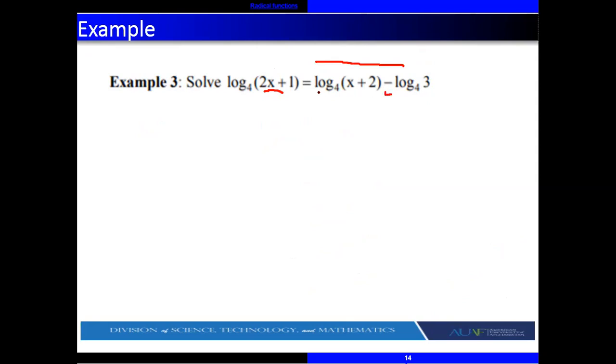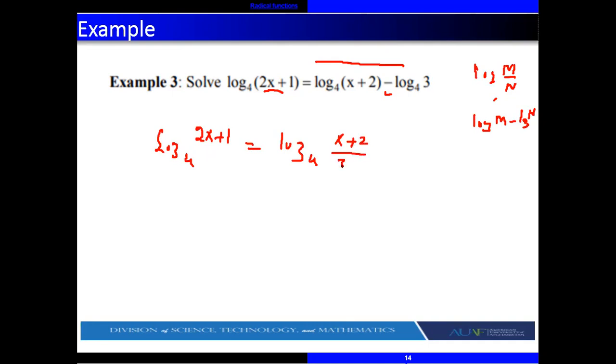This means this formula is quotient rule, because when we have log of m divided by n, so we can write like log of m minus log of n. So we can write log of 2x plus 1 base is 4 equal to, how we can write? We can write like log of base 4, x plus 2 divided by what? 3. This one.